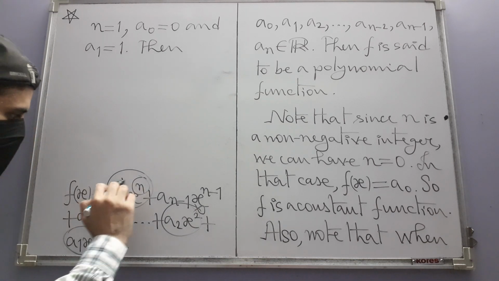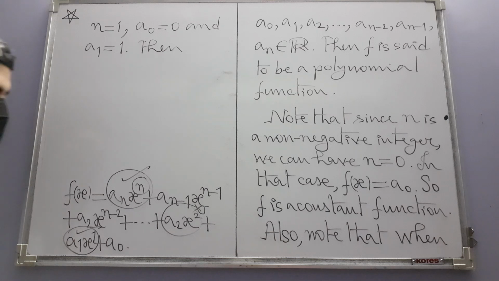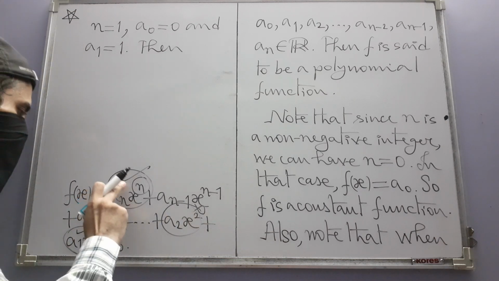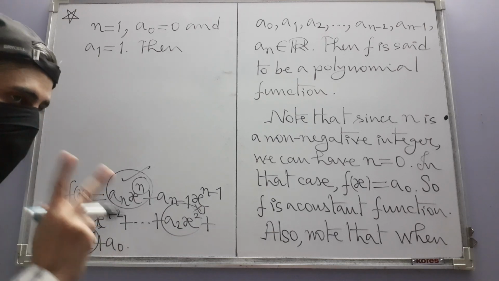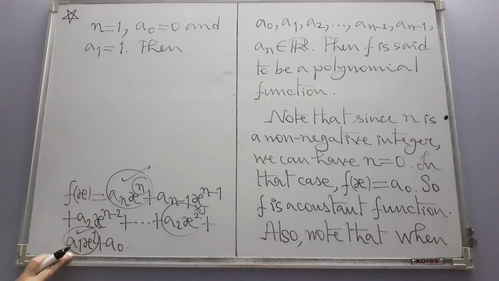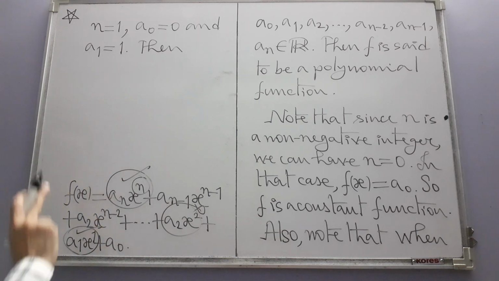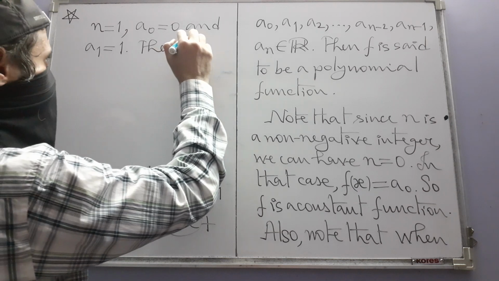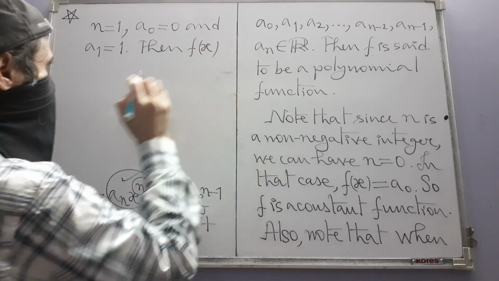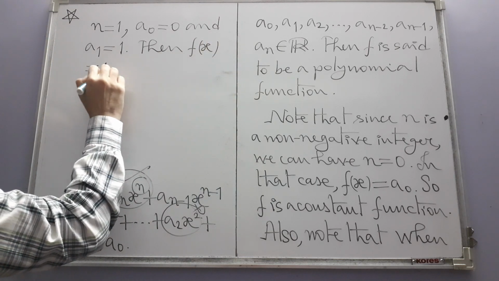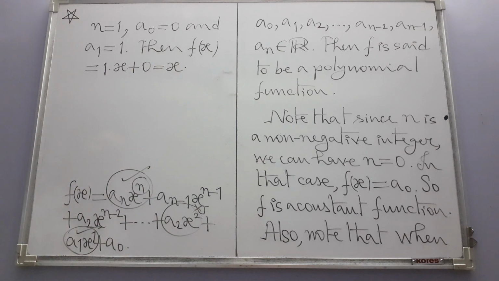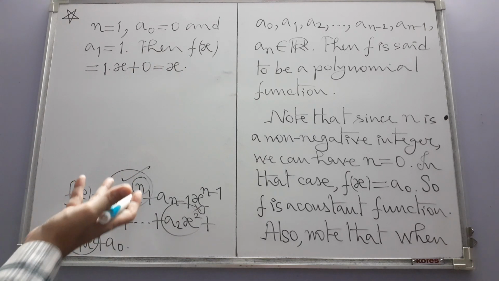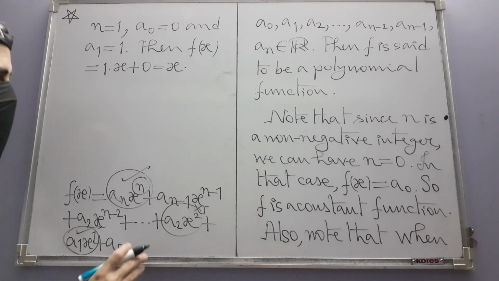This itself becomes this, and we have this term. So there are only 2 terms in this sum. However, additionally we have chosen a0 to be 0 and a1 to be 1. That means f of x becomes 1 times x plus 0, which is equal to x. So this is nothing but the identity function.